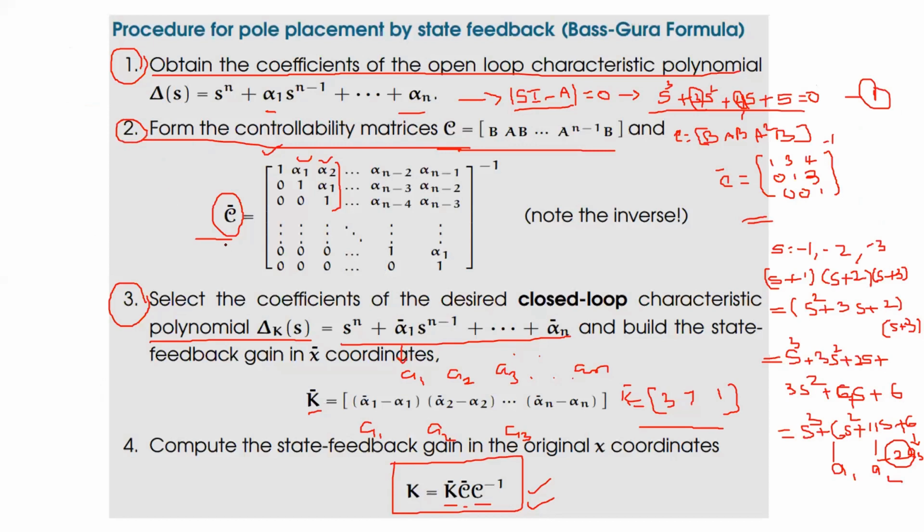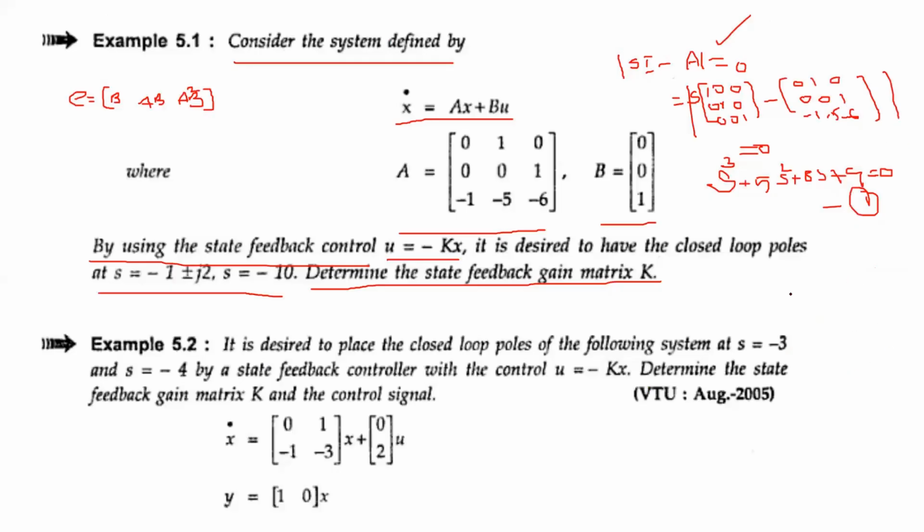Right. What is the third point? That is E bar. Now, how to find the E bar matrix? Look at this one. I can write over here, E bar is equal to, what is the formula? So what are the polynomial coefficients here? They are alpha 1, alpha 2, alpha 3.